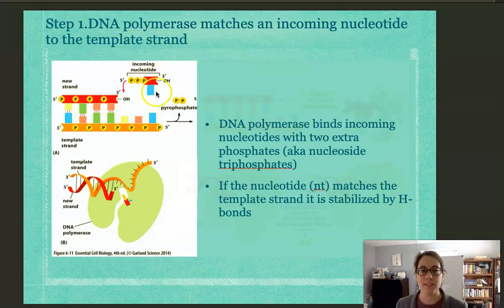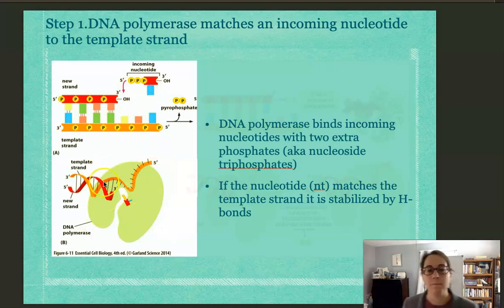What happens is the DNA polymerase pulls in whatever nucleotide is around, and it positions it so that it can hydrogen bond with the nucleotide that is the next one on the template strand. So this is a randomly chosen incoming nucleotide here, and the DNA polymerase positions that so that it's going to be hydrogen bonding with this here.